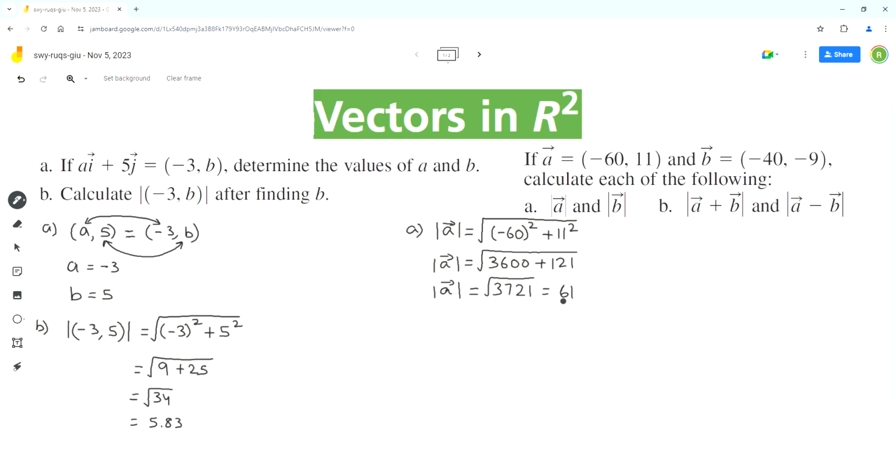Now we can find the magnitude of vector b. So for that we'll use vector b. So we'll square the components, add the squares and apply the square root.